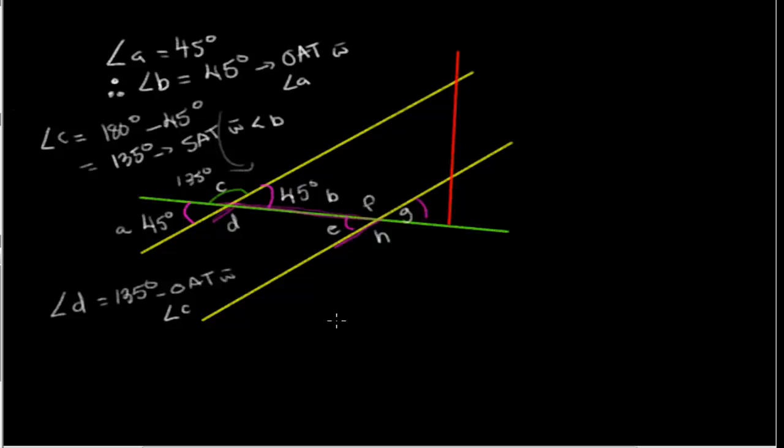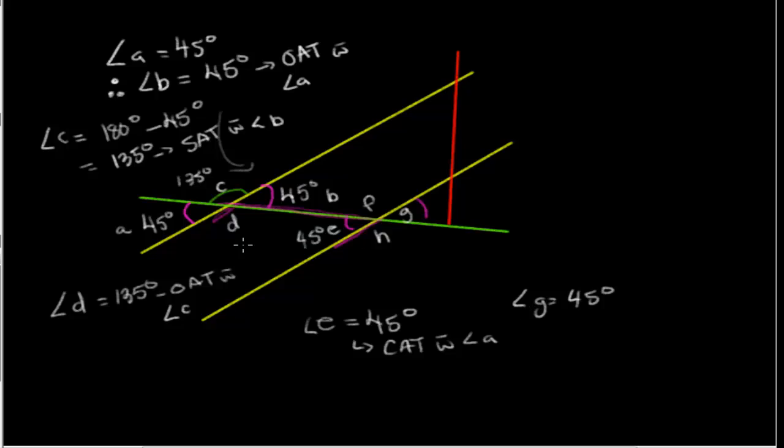So if I wanted to write that, angle E is equal to 45 degrees. Why? Because of CAT with angle A. So then we have 45 degrees here. Makes sense? Now, I can use that same theory. A and G are equal because angle G is equal to 45 degrees.